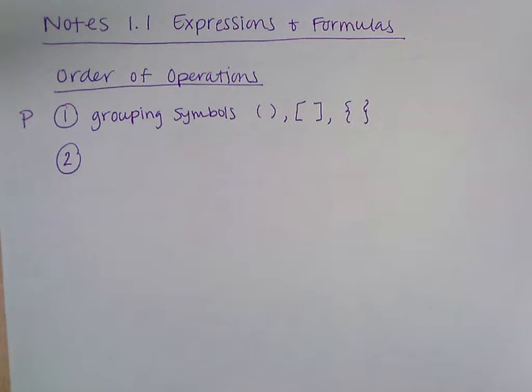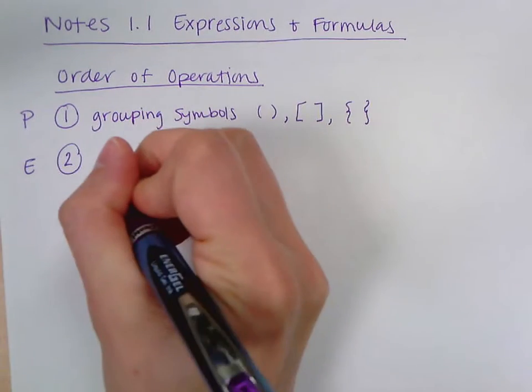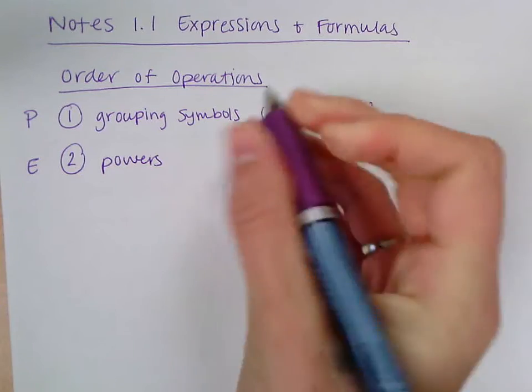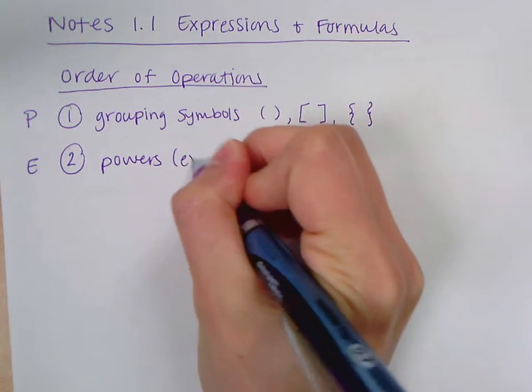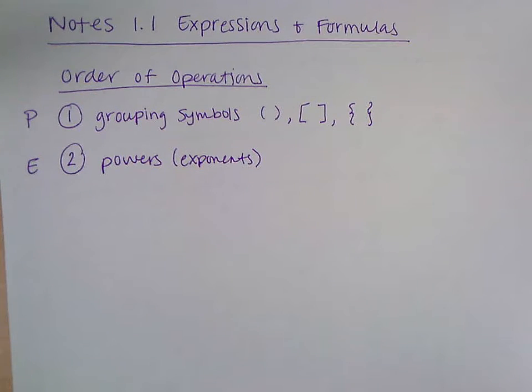What does the E stand for? Exponents. So you could put exponents, I'll put powers, and then I'll put exponents after, but this is a good time to talk about the difference between the terms power versus exponent.